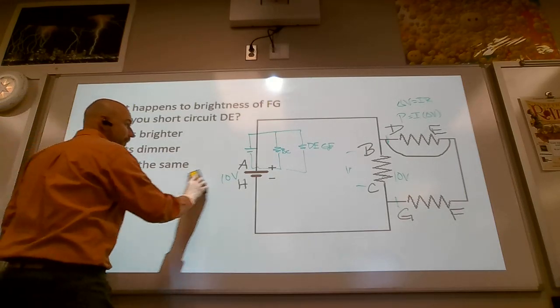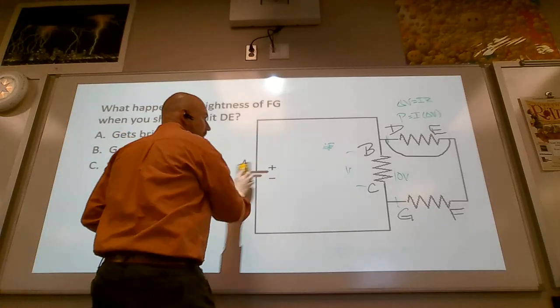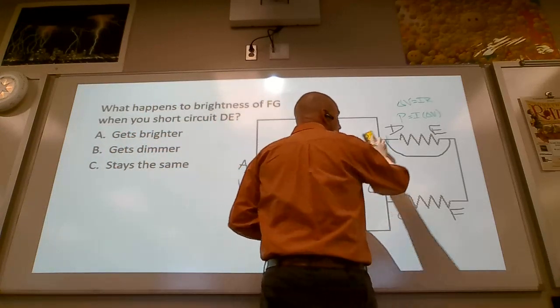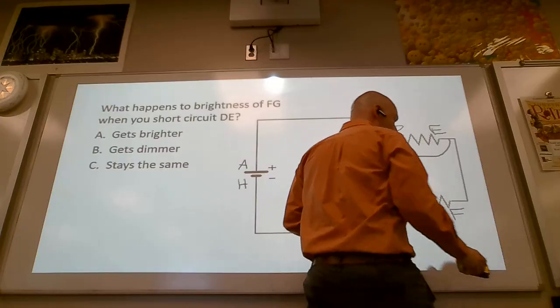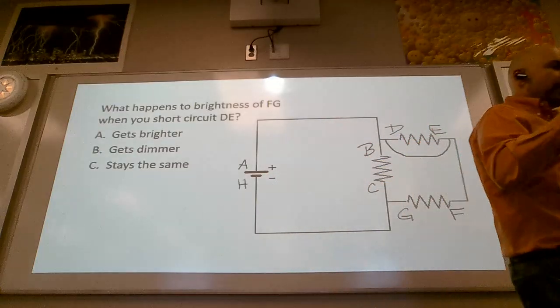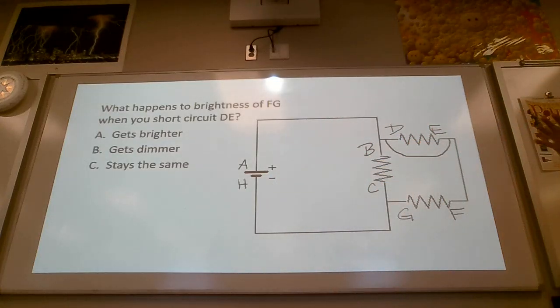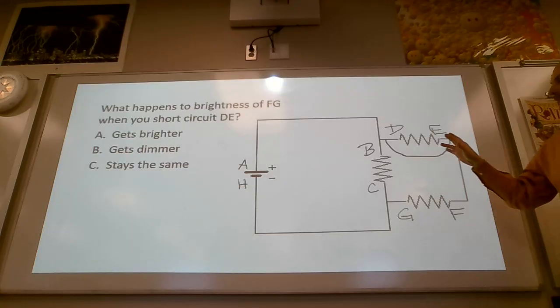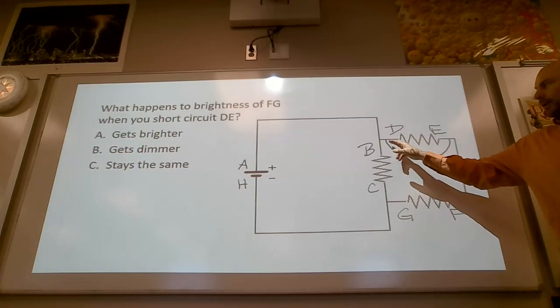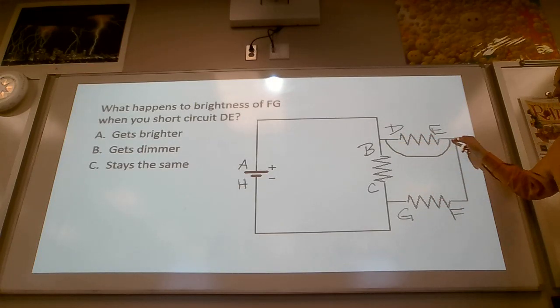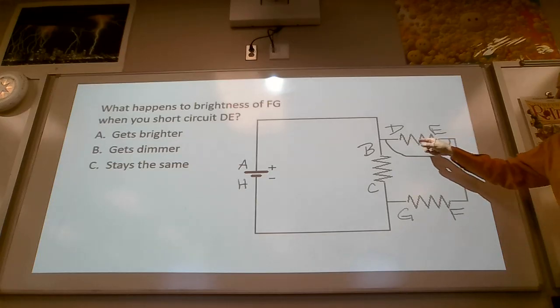So, what happens to the brightness of FG when I short circuit? Let me just talk about short circuits momentarily. In an ideal world, this is just another thing in parallel, and this wouldn't change it.